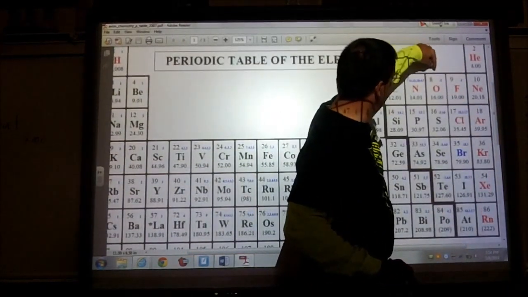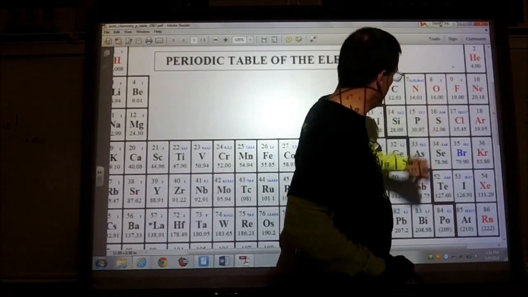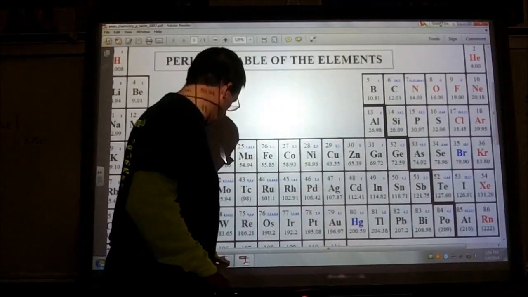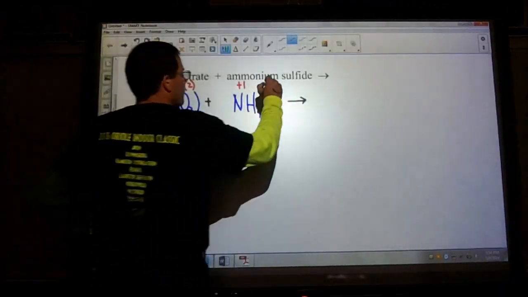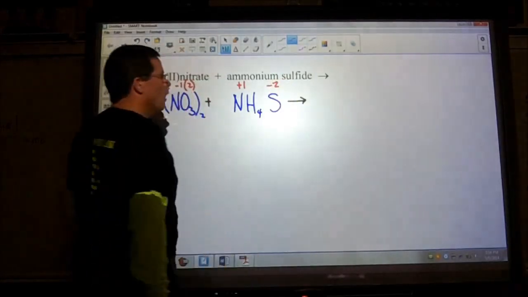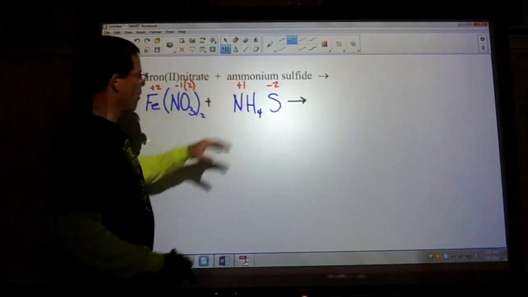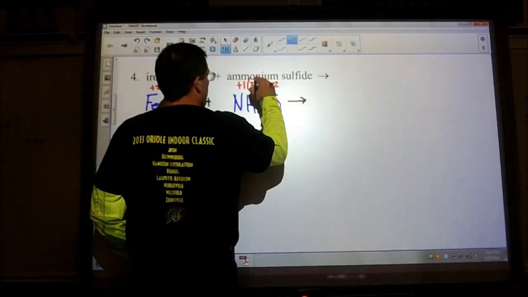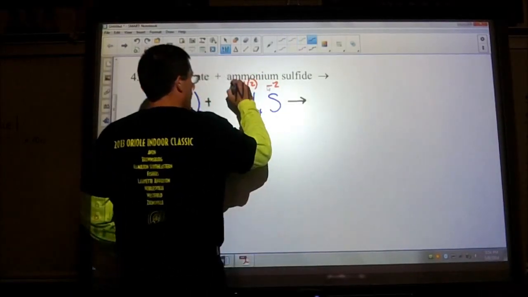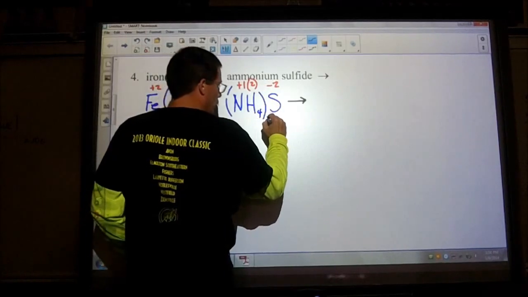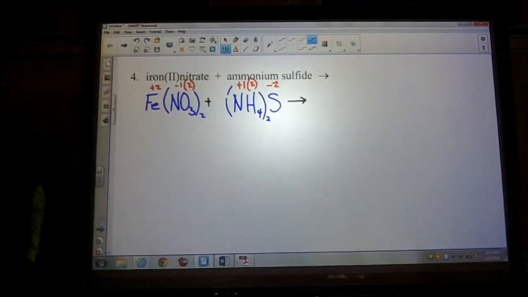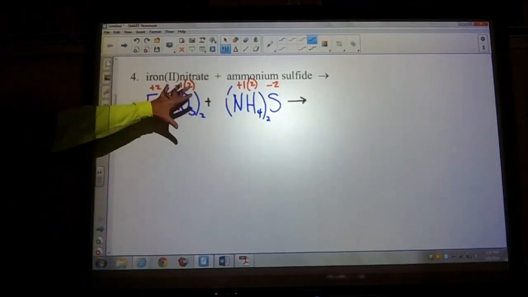So again, that -3, -2, -1, and it does have a -2 charge. So the sulfur is a -2. So the iron 2 nitrate is balanced, but our ammonium, we need two of those. So that means that we're going to put ammonium in parentheses and then the 2 on the outside of the parentheses. Okay, so we have our reactants.